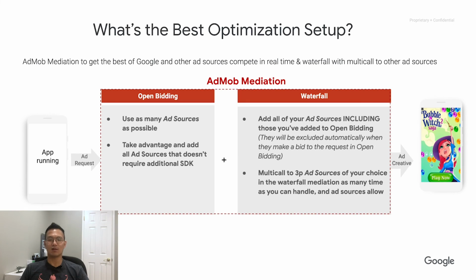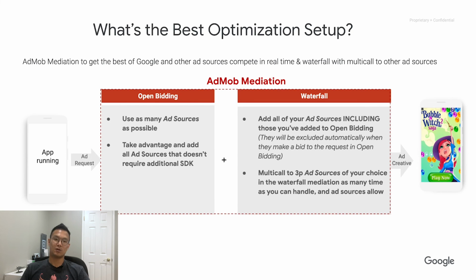It may sound complicated, so I'll give you a how-to guide on how to optimize your mediation to get the best. Definitely use AdMob mediation for both open bidding and waterfall. And in open bidding, use as many ad sources as you can handle or are comfortable with, because it will increase competition and then it will increase CPM.